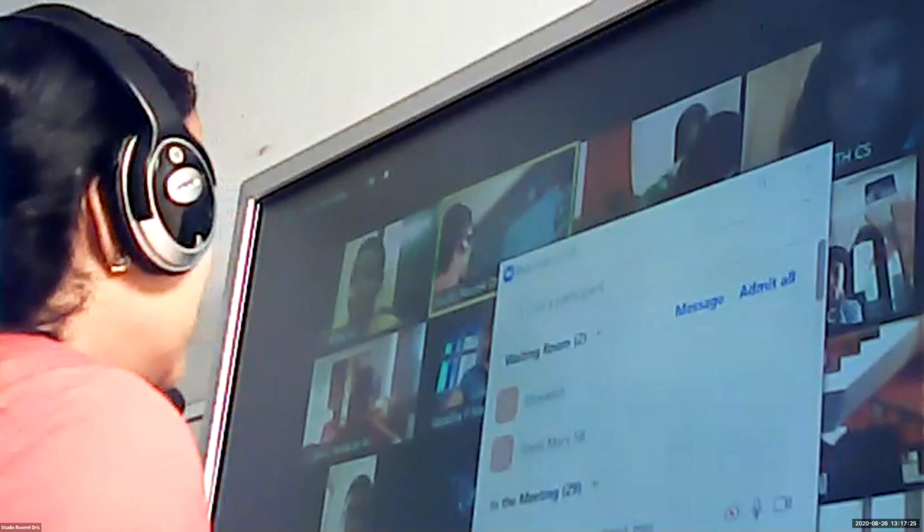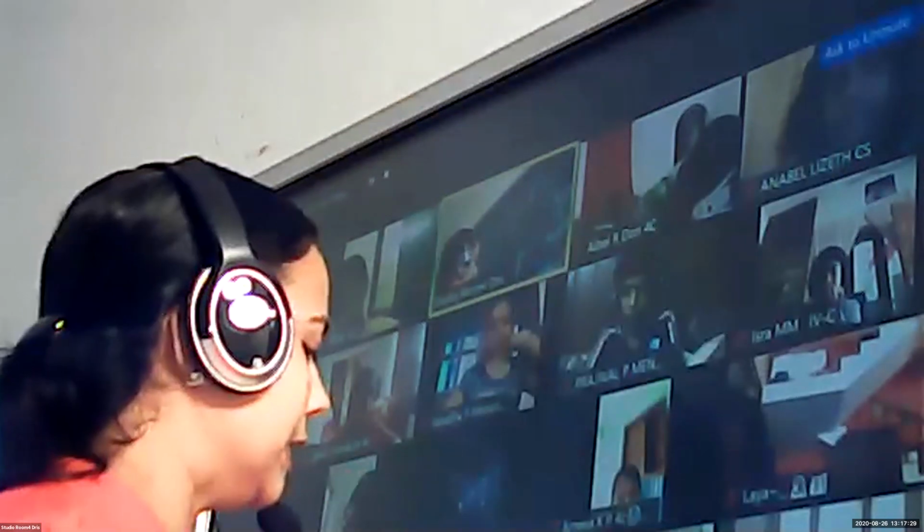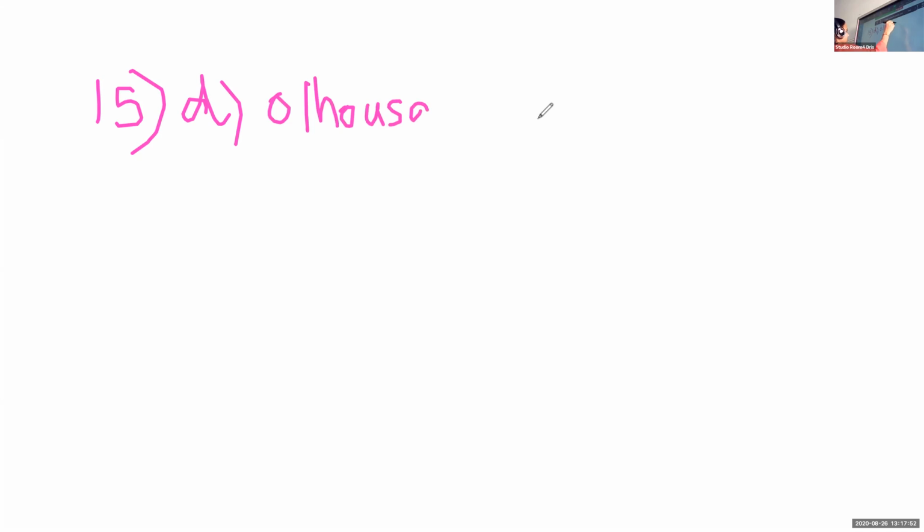Okay, so children, what are we going to do? The last question, 15D. We are going to write the last question D. So Adidev told me that 0,000 we have to compare. 0,000 is less than 6,000.